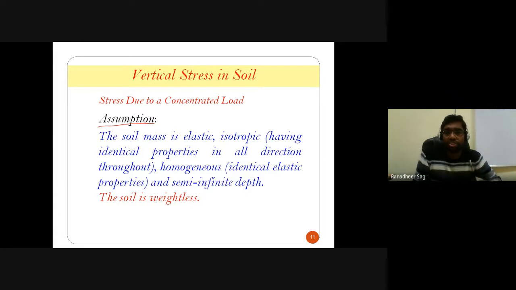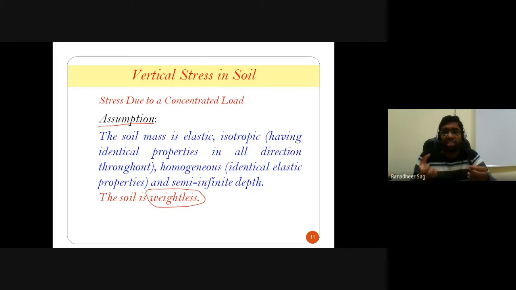And he has assumed the soil we are trying to look at is weightless. So he has not taken into consideration the self weight of the soil in the estimation of the stresses due to that concentrated load. Already we have seen how to calculate the stresses due to the self weight of the soil. Now, what we are going to understand from Boussinesq's theory is how much stress is developed only due to the external load.